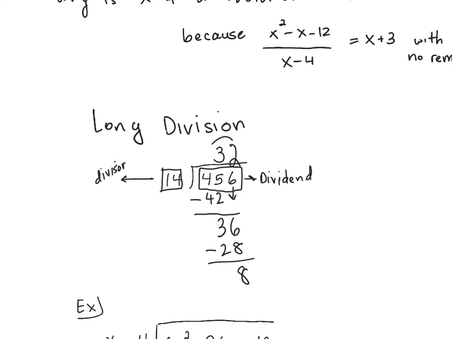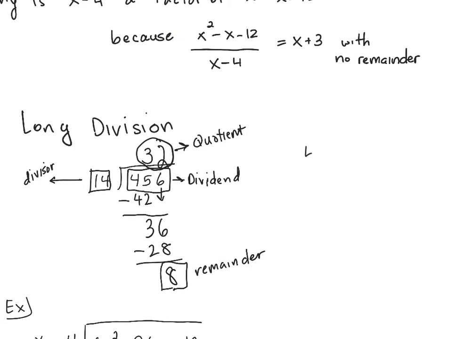The result of the division here is called the quotient. And then whatever's left over after dividing is called the remainder.